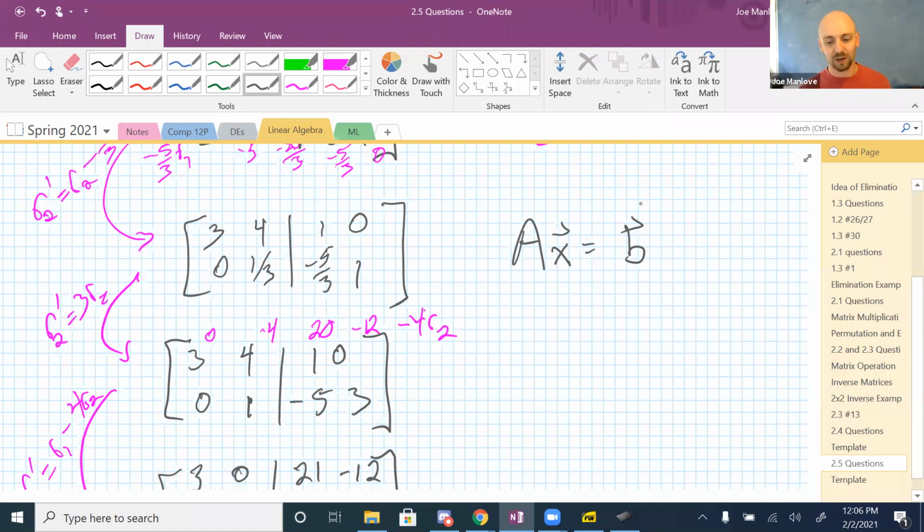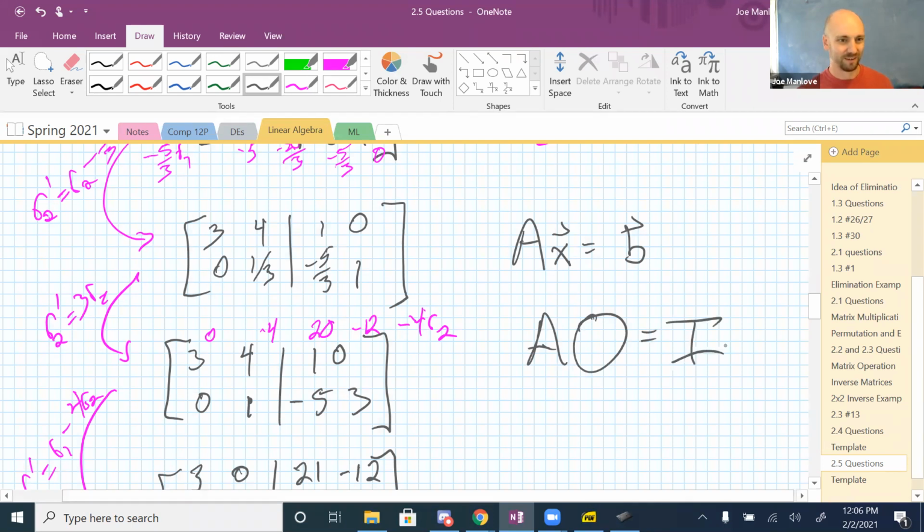So what I'm thinking is not quite Ax equals b. I'm thinking kind of A times something equals I. Right? And I'm solving for what goes here. You guys see how that process works?